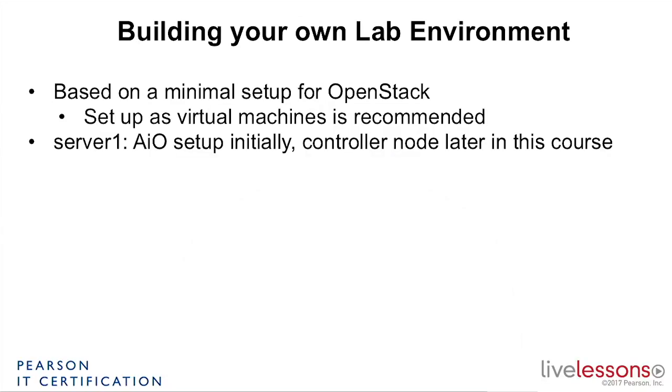Of course, that doesn't relate to anything that you will see in real life, but the only thing you need to do for this course is play with the different components that are available. So that is why we are going to set up server 1 as the AIO setup. Later on, it's going to be the controller node. The controller node is a node in the environment that is taking care of some of the key cloud functions.